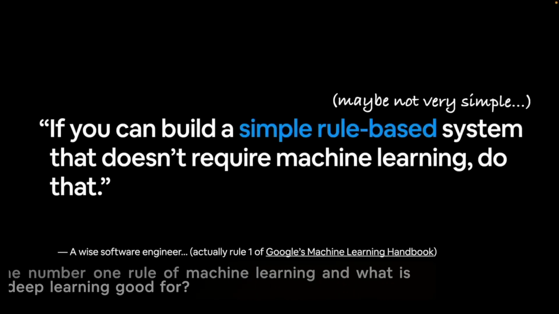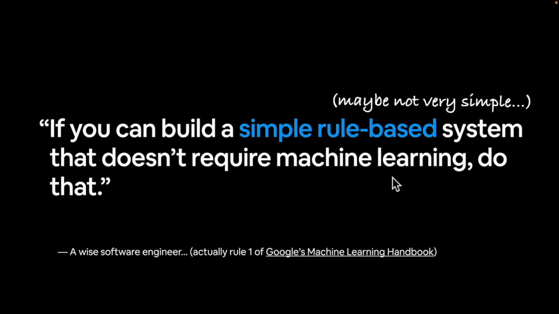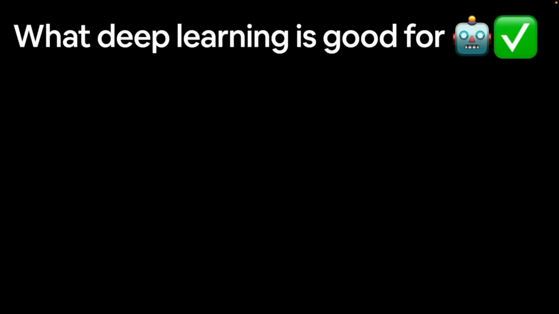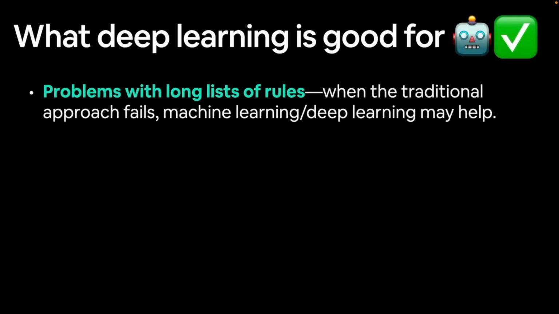In the last video, we familiarized ourselves with Google's number one rule of machine learning, which is basically, if you don't need it, don't use it. And with that in mind, what should we actually be looking to use machine learning or deep learning for? Well, problems with long lists of rules.